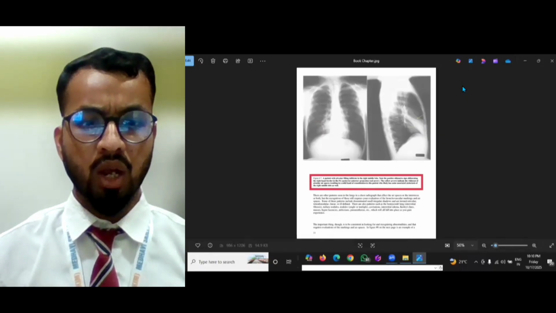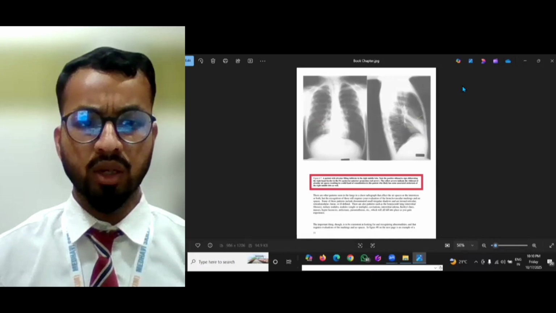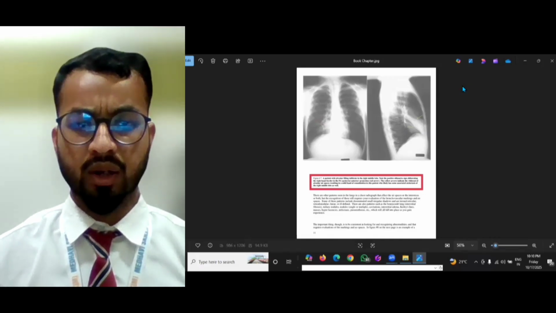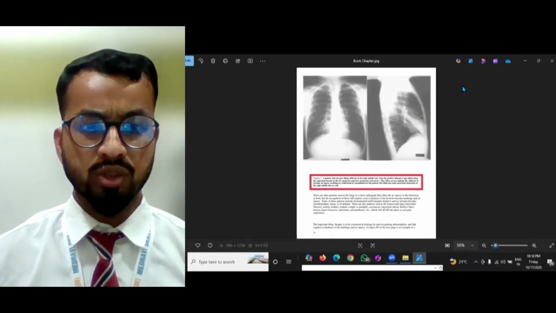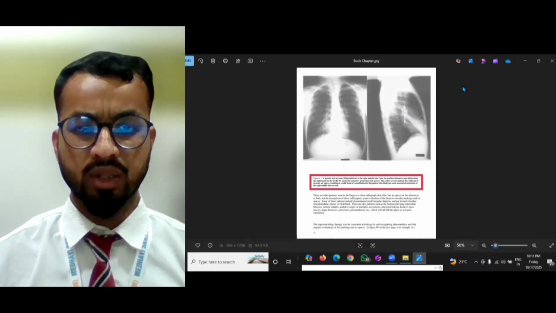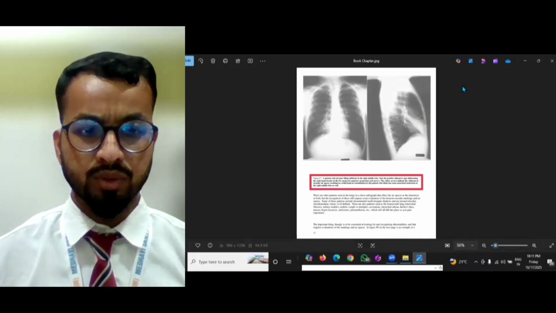Now I am sharing my screen and showing all of you the reference book chapter with alveolar filling infiltrate in the right middle lobe. Note the positive silhouette sign in the right heart border in the PA posterior anterior projection.